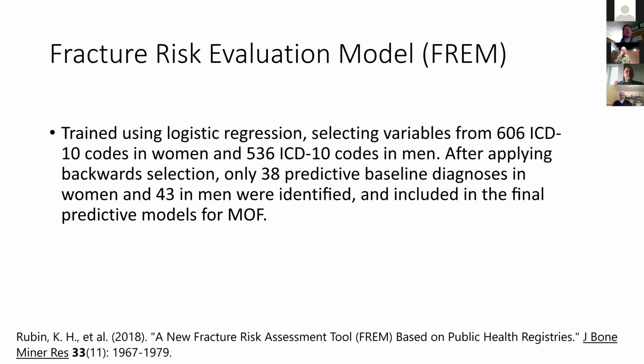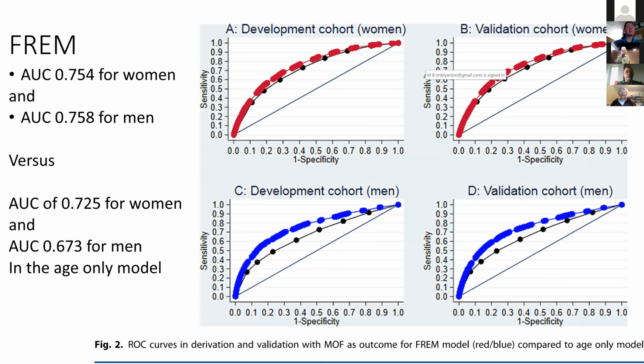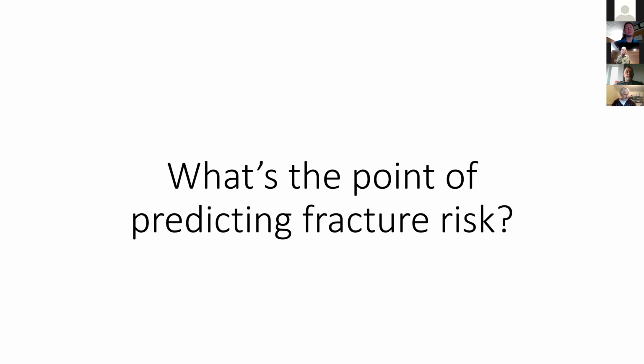They ended up using 38 diagnoses in women and 43 in men to create the final predictive models for hip and major osteoporotic fracture. They found that with this approach, they did have some lift compared to an age-only model, and they increased their receiver operating characteristic curves and the area under the curve. So this is essentially a success.